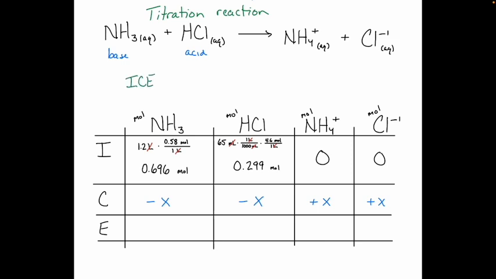This was our ice table. How are we going to find X? What we've been saying before is that all of our strong acid will react. This is not a reaction that's in equilibrium here. Every bit of that strong acid that we added will react.